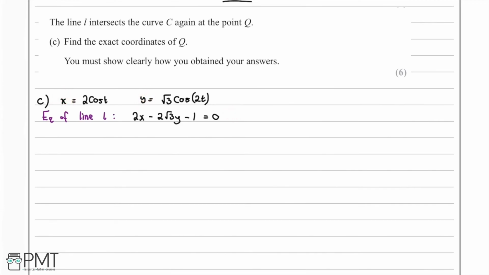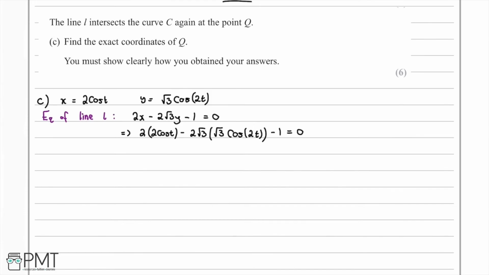That leaves us with 2 lots of 2 cos of t. Then we're going to subtract 2 root 3 multiplied by root 3 cos of 2t. And then we're going to keep our negative 1 on the end.